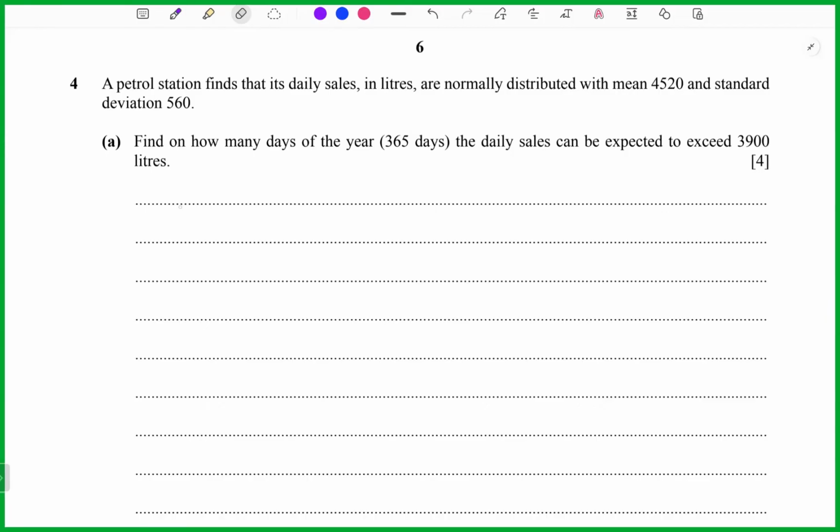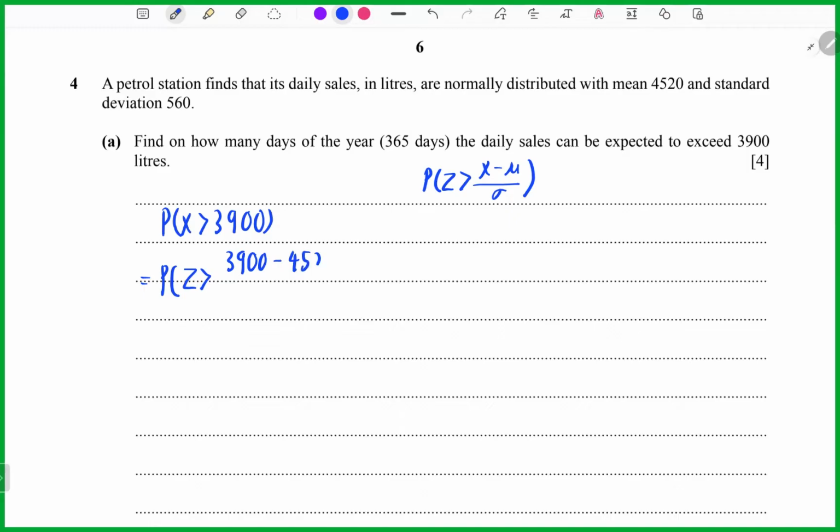So we can take P(X more than 3,900) equals, we can take Z using this formula, minus 4,520 divided by 516, so equals P(Z more than negative 1.107).